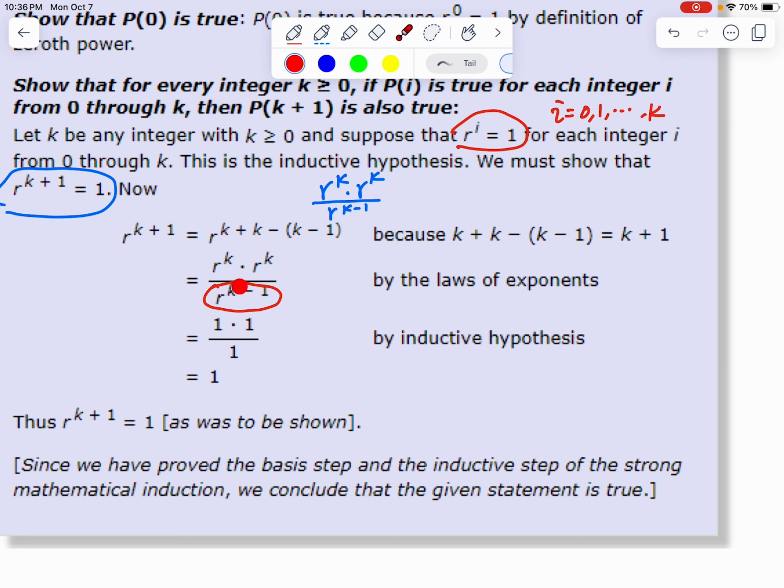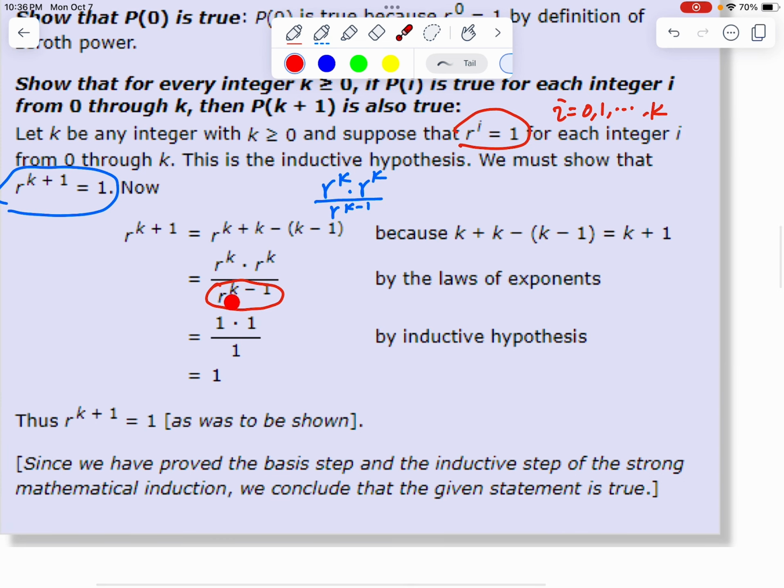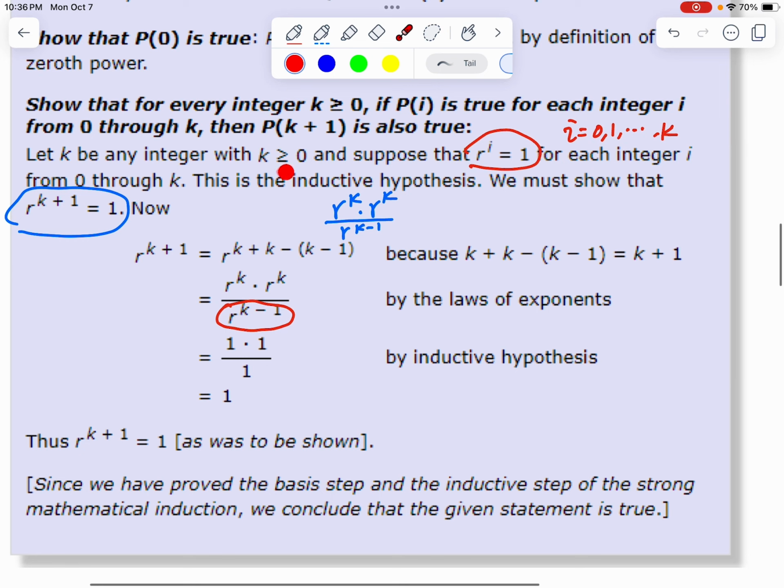Now let's take a look at this one. R to the k minus 1. Well, what is k? K is any integer greater than or equal to 0. So k can be any integer greater than or equal to 0. Now, what if k is 0? What if k is 0?